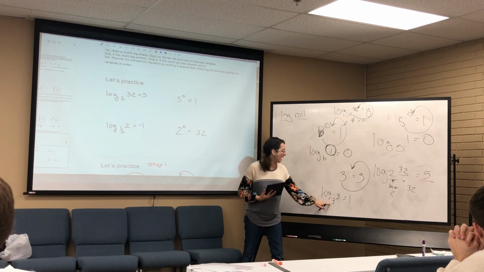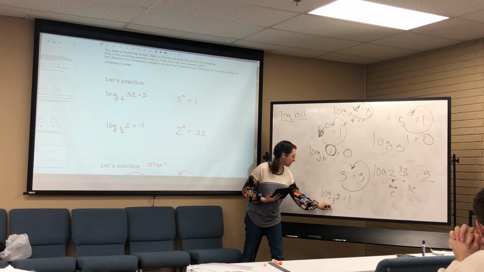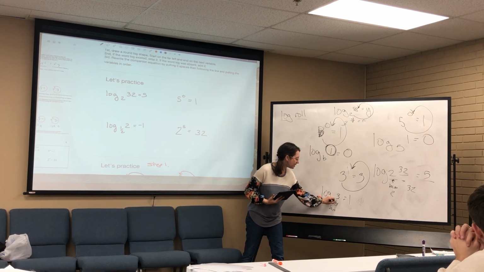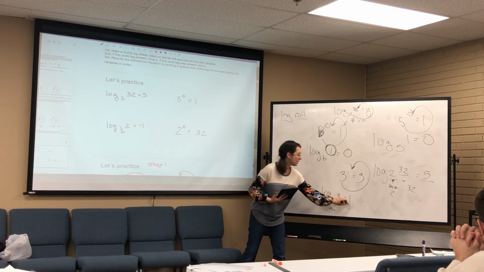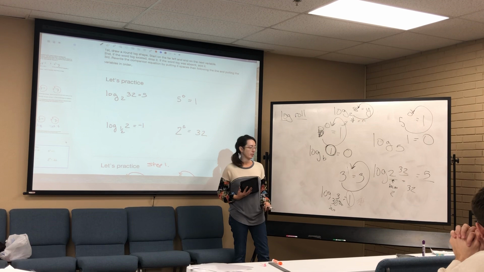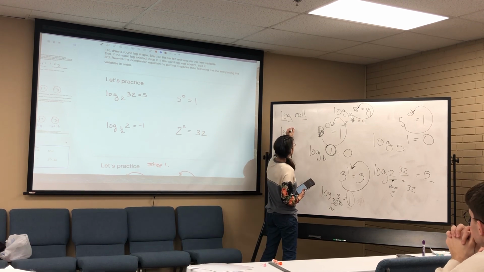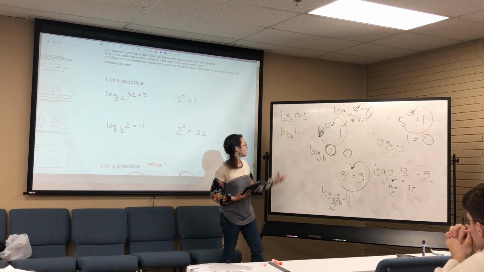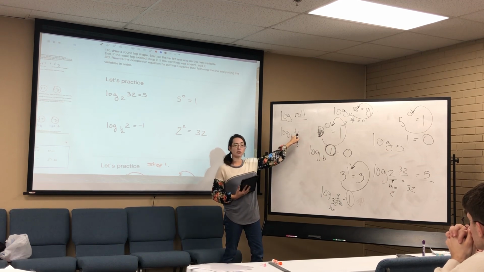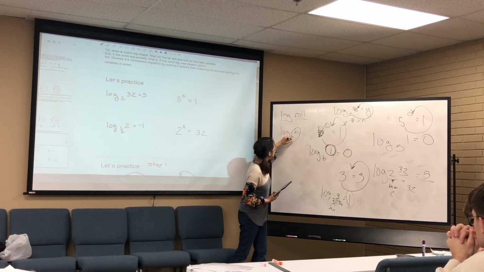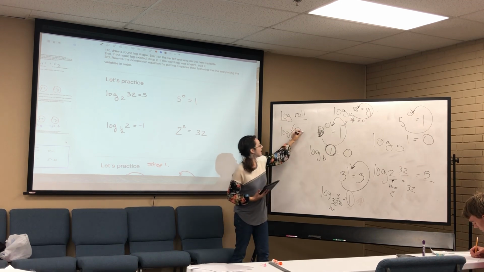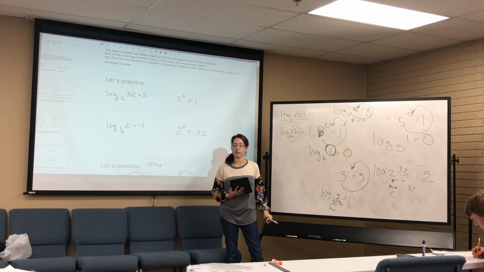So anytime my base is equal to my equivalent value, the answer is going to be 1. So if I have log b of b, my base and my equal value match. Anytime these match, my answer has to be 1.